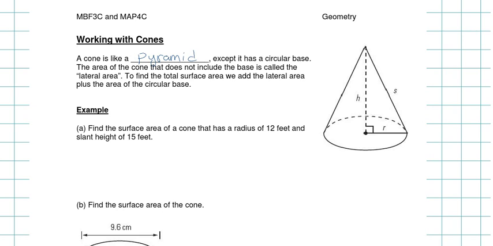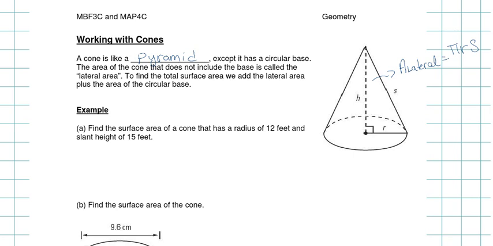So the lateral area is pi r s, where r is the radius of the circle, and s is the slant height.